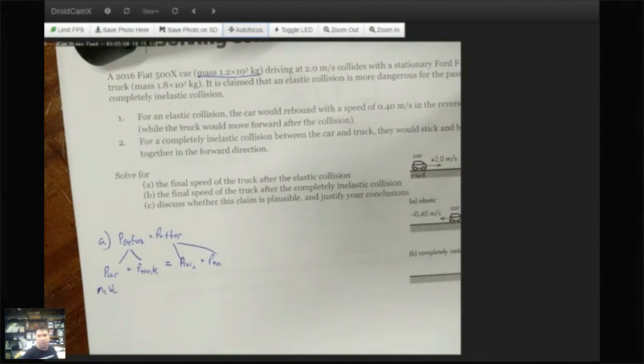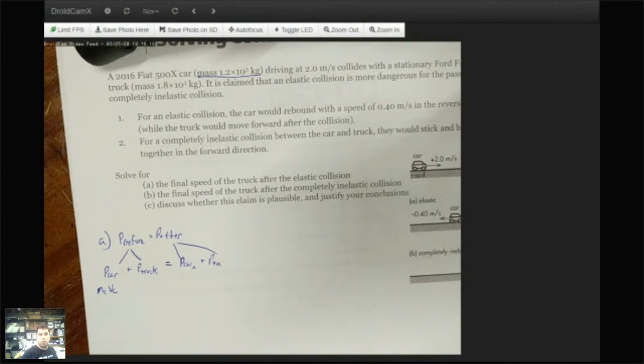I'm going to keep it in symbols for right now. I will get to the plugging in numbers later on, but I always recommend doing this with symbols first, then numbers at the end, just to make it a little bit clearer for what's going on here. All right. So we've got these things going on before and after.